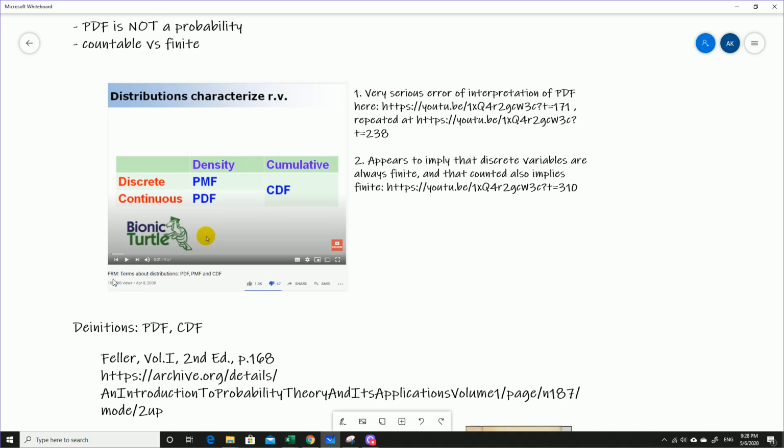There are two most popular risk management certifications in the financial industry, FRM and PRM. I took the PRM one, but I have colleagues who took FRM. So Bionic Turtle is quite popular, and I never took this course myself, but I was very surprised to see such a confusion in the instructional video.